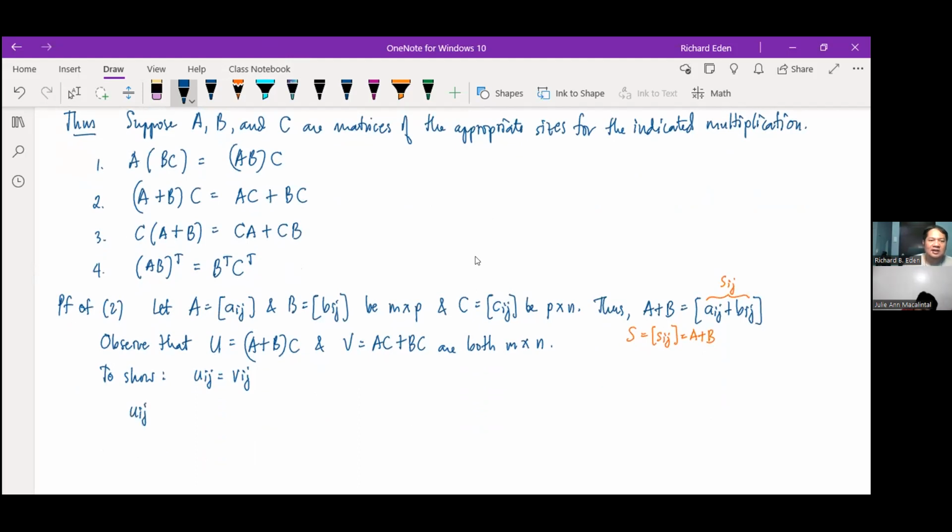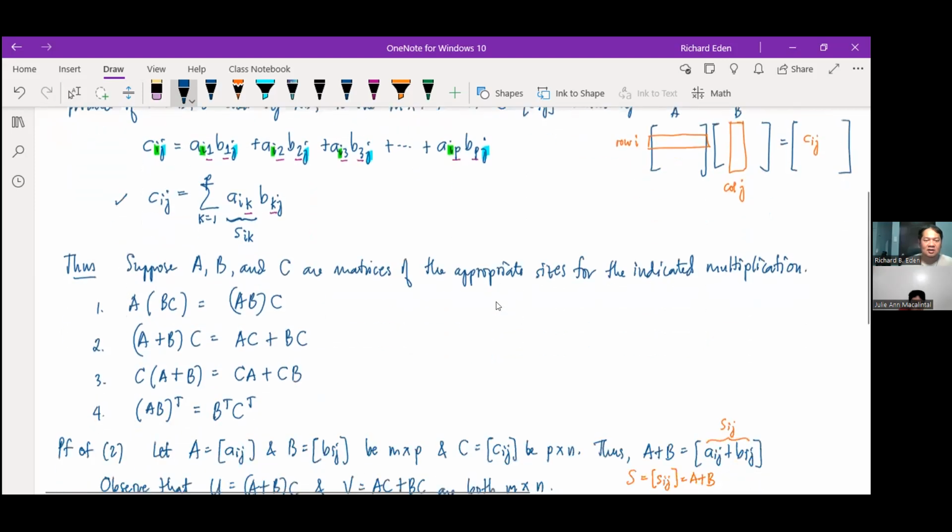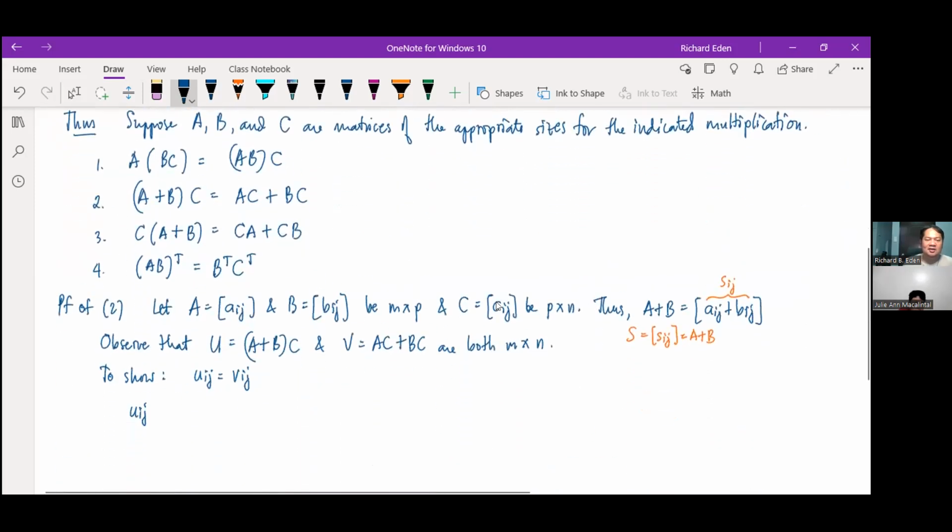I realize that if you're going to use the definition, and this is the primary equation, what this is telling us is the particular entry in row I, column J. So that's why I stopped and decided, oops, I should work with comparing U sub ij and V sub ij.